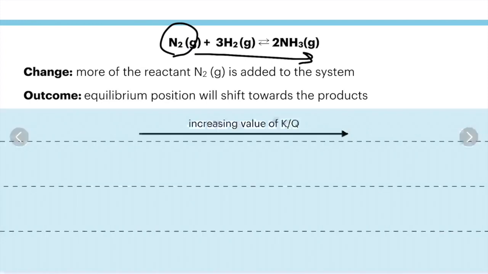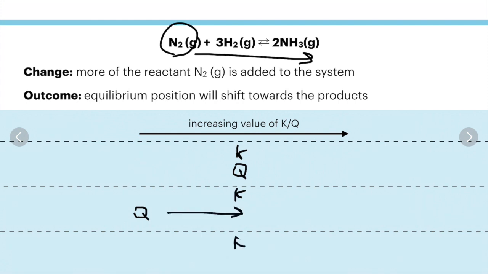On the x-axis, we have increasing values of Q and K, and the dashed lines represent different periods of time. So initially, before the change, K and Q are equal to each other. And when nitrogen gas is added, there are more reactants, and so Q decreases, but K stays the same. And to make Q and K equal again, the reaction shifts towards the products, and then we have the new equilibrium.